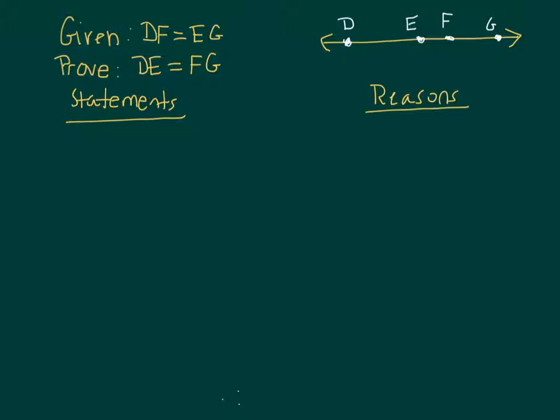We know from D to F, that entire length, is equal to the length from E to G. We also know that we want to prove that from D to E is equal to F to G. The pieces that we have congruent are larger than the pieces we want to prove congruent.